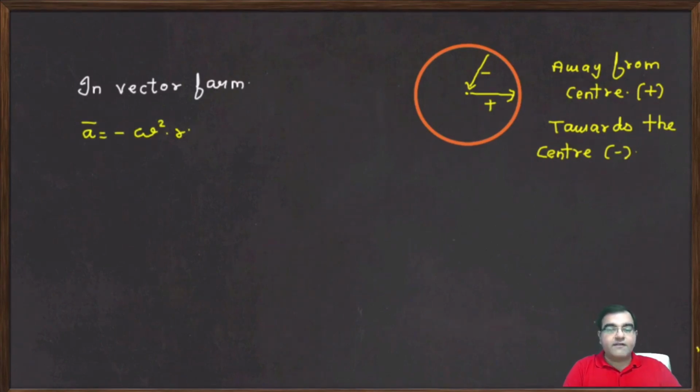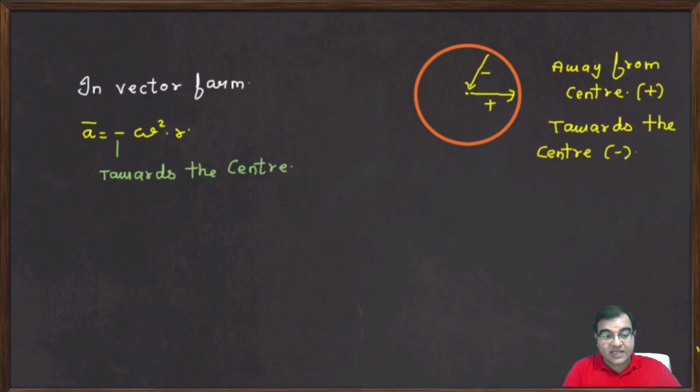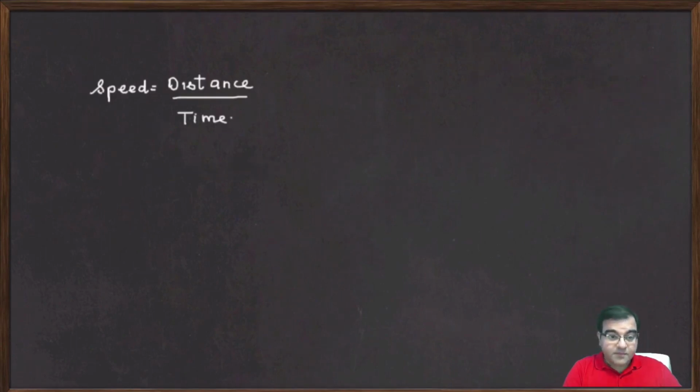So we write the formula of centripetal acceleration which we derived in vector form: a bar is equal to minus omega square into r. Now this minus represents that it is directed towards the center of the circle.